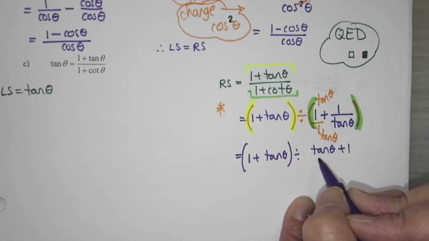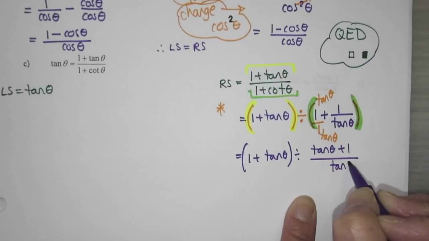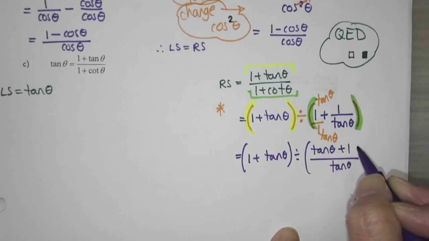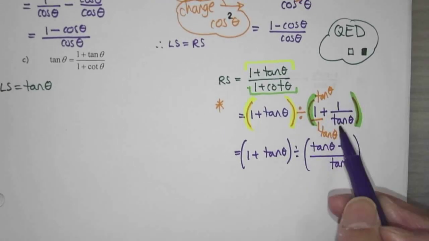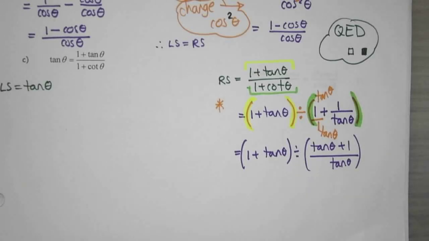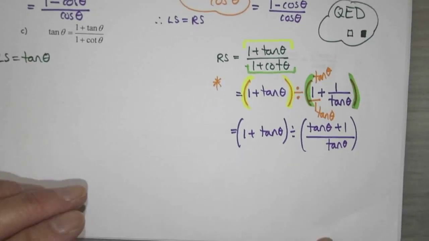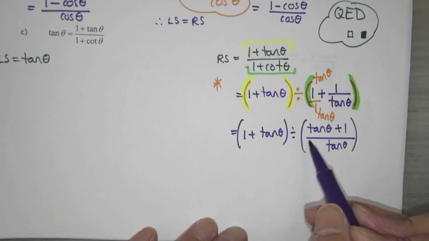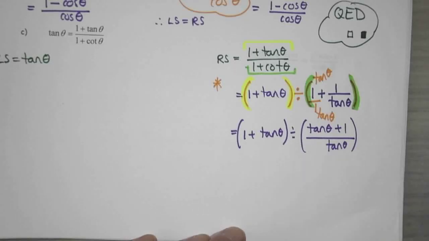I'm just doing lowest common over tan. Do you remember doing this in chapter 2? So that plus 1 all over tan. All right. So once you get it all over, we like this lowest common denominator. And this is going to be the same thing. We do this a few times.